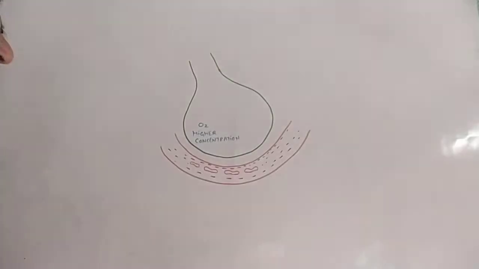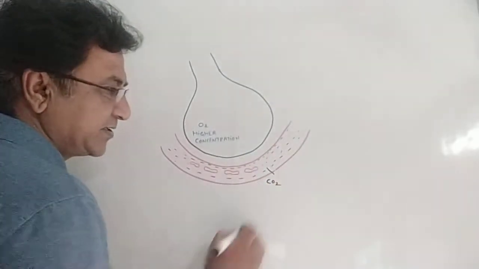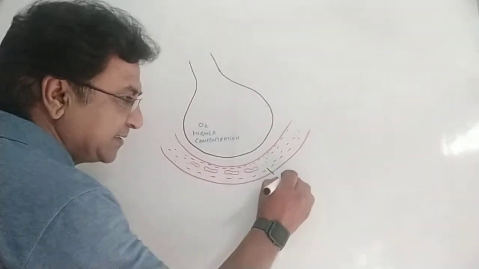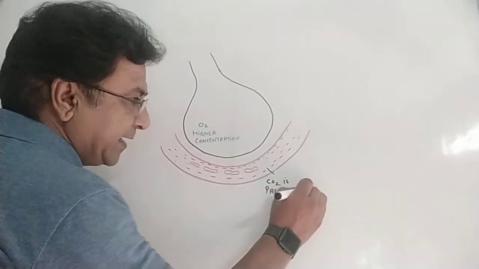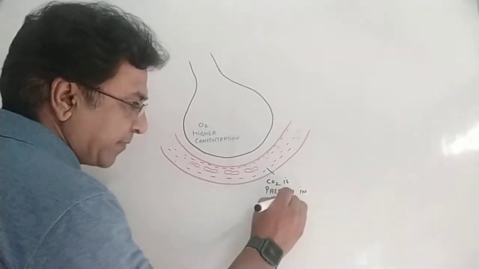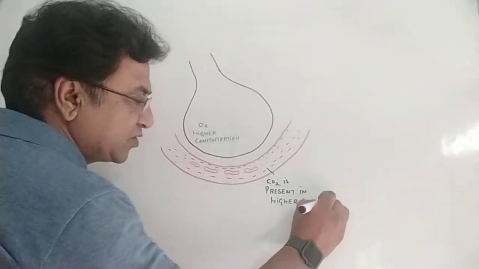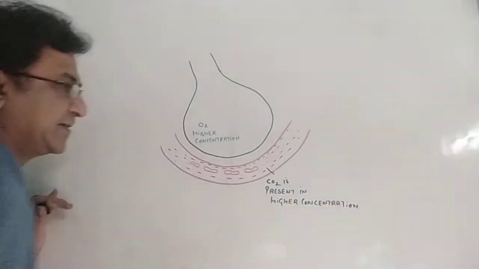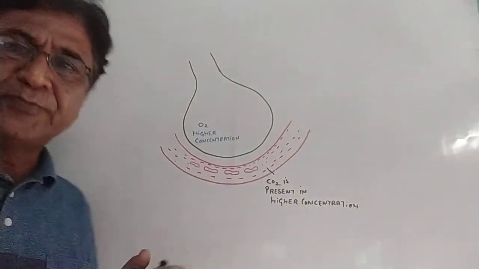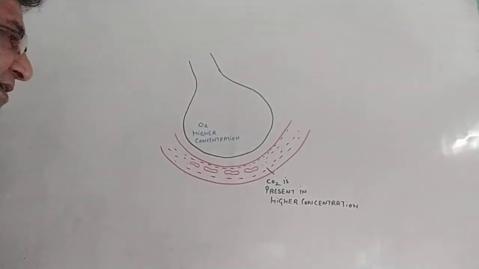And inside the blood, carbon dioxide is present at a higher concentration. So the process utilized to transfer the gases is diffusion. Diffusion is a passive kind of transportation in which energy is not spent.